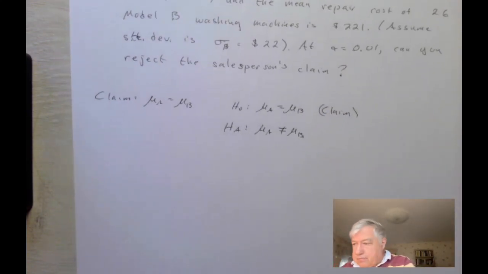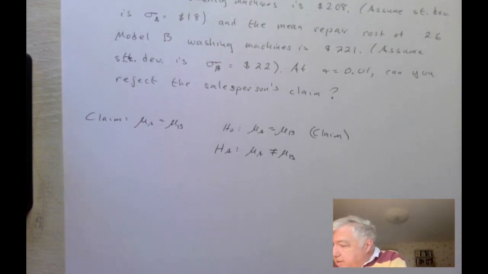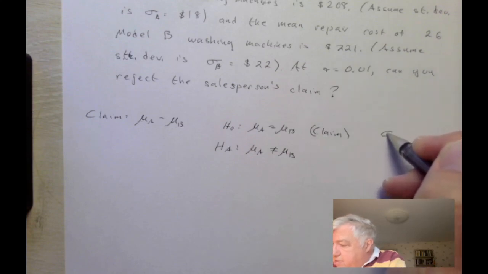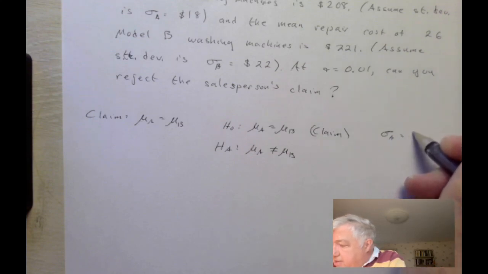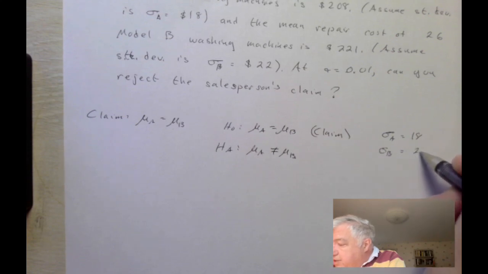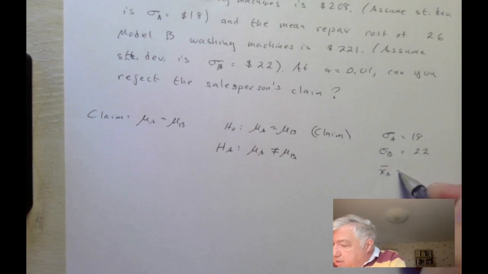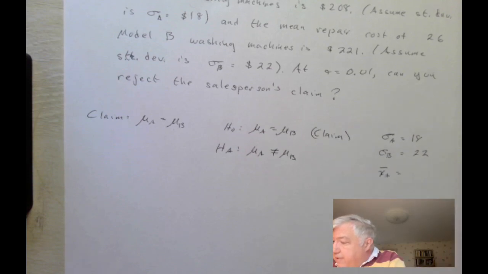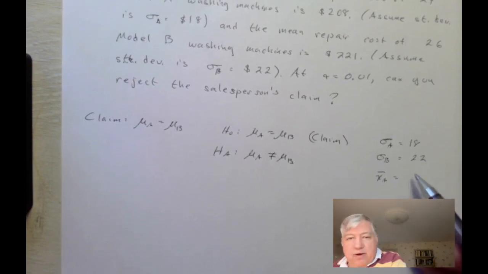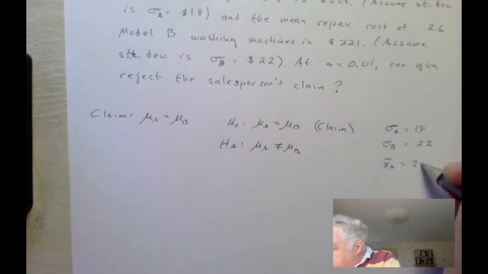Okay. Now let's just write down the data that we've collected for our sample. We know that sigma A is 18, sigma B is 22. Our sample mean x-bar A, from our sample of Model A machines, the cost was 208.